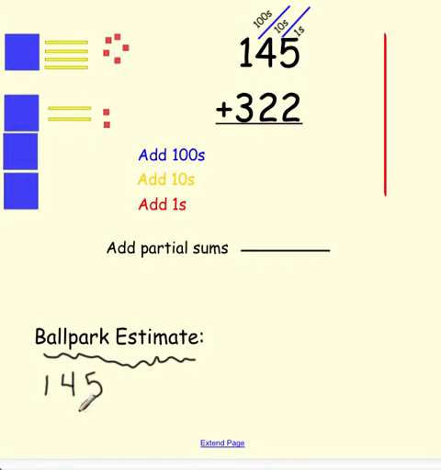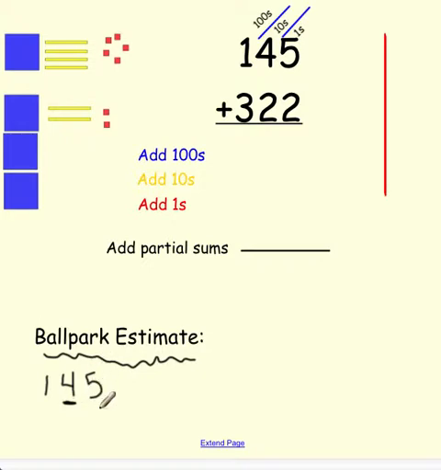I could estimate to the tens here and say, would 145 be closer to 140 or 150? Or I could estimate it into the hundreds and say, is 145 closer to 100 or closer to 200? I'm going to estimate to the tens, okay, and decide, is it closer to 140 or 150?